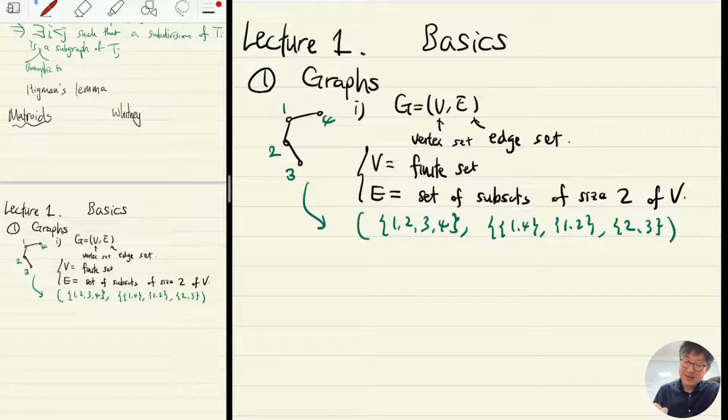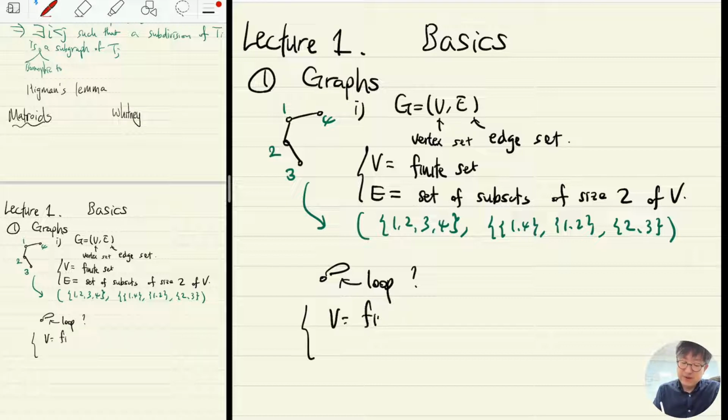For instance, how can I have a loop? So what is a loop? A loop is an edge which is incident with only one vertex. Then we may modify the definition as follows.